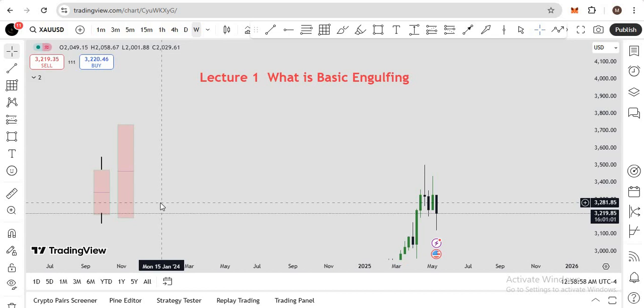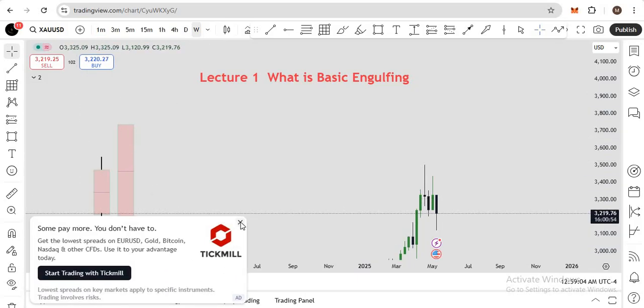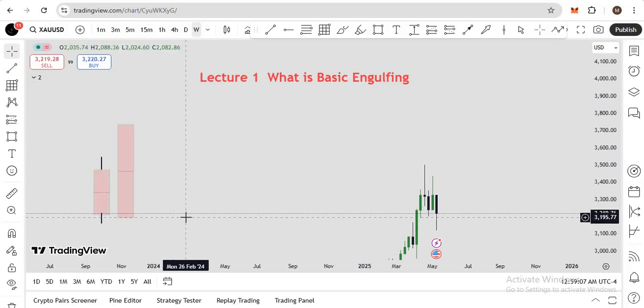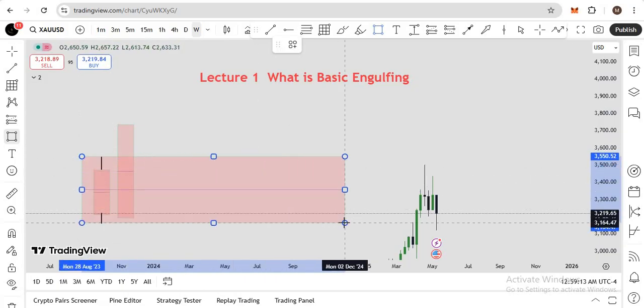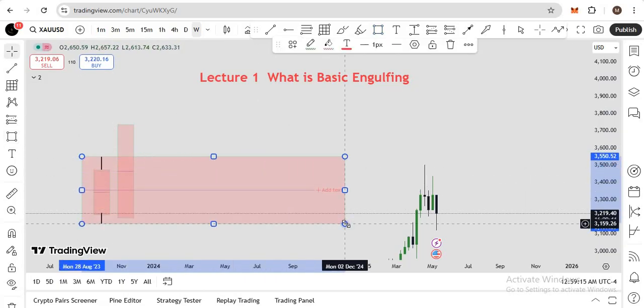So what is the basic? This is the engulfing. It looks like an order block, right? We are going to find these engulfings in higher time frames. Higher time frame means weekly, monthly, daily.